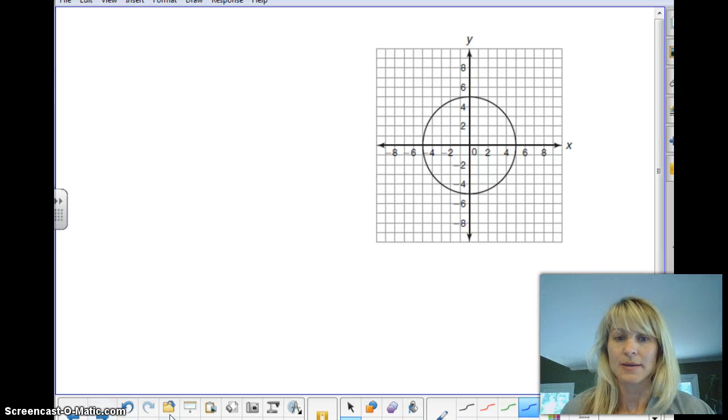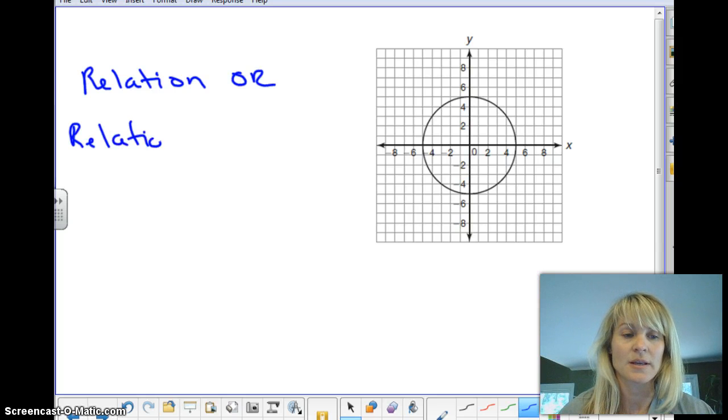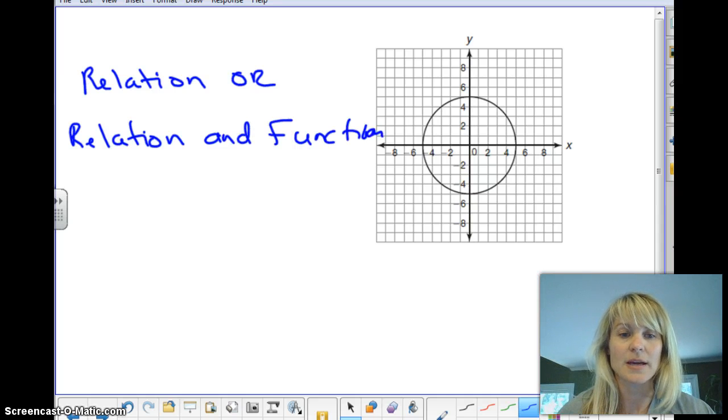So we're going to look at this first example. First of all, I want to know, is this a relation, or is it a relation and a function? It's obviously got points.